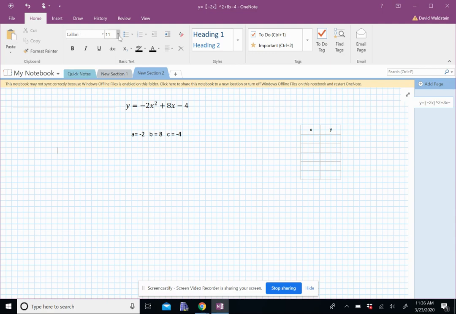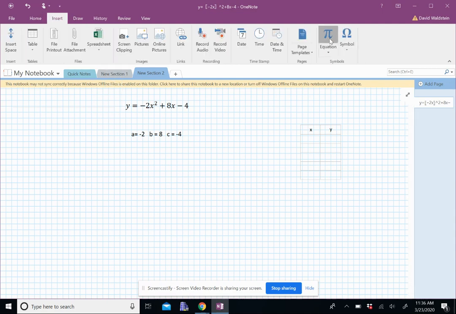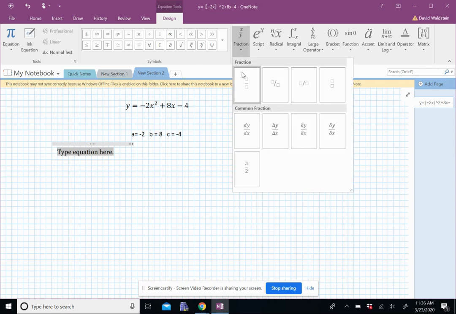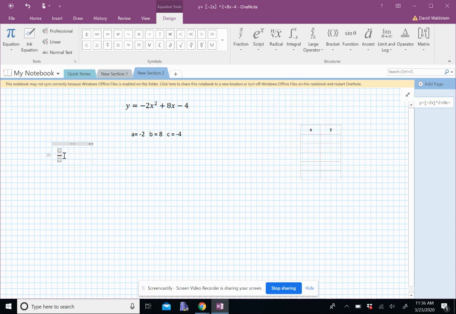And then what we're going to do is find the vertex by using negative b over 2a. So our x-coordinate of the vertex is negative b divided by 2a. And again, our b is 8, so that's negative 8.